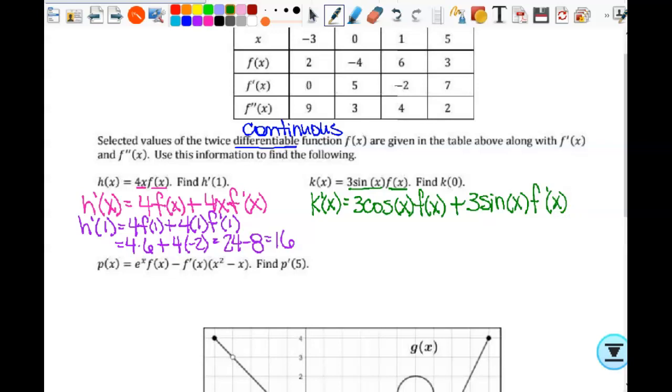Still agree with k prime? If you're not done, I'm sorry if I went fast. So I got 3 cosine of x times f of x plus 3 sine of x times f prime of x. We all good with that? All right, so then go ahead and try and get your k prime of 0 done.